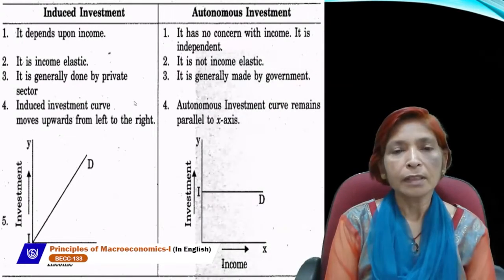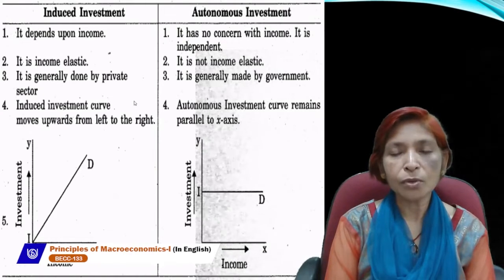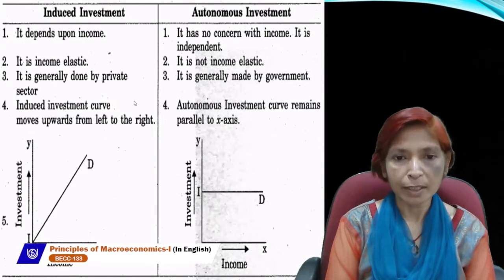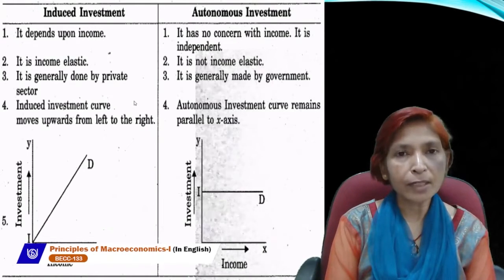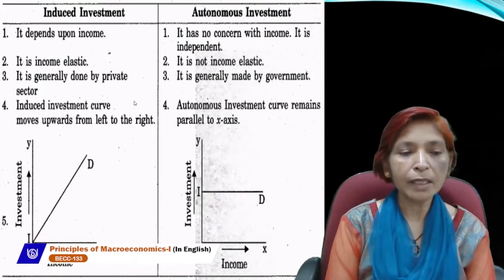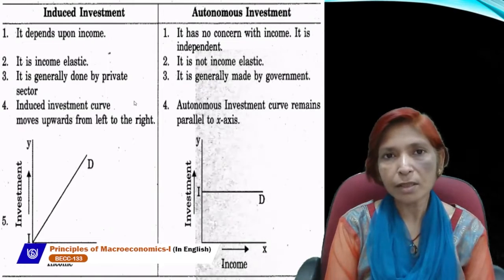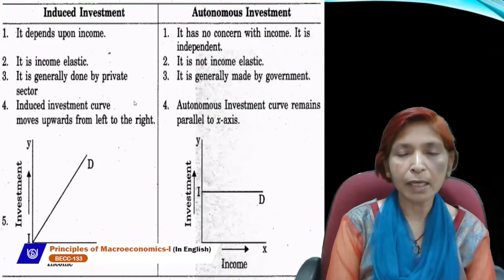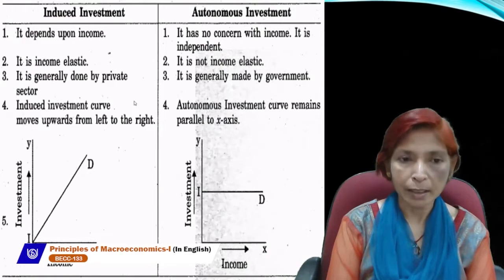And if investment is made by government, whose main aim is social welfare, that is called autonomous investment. The induced investment curve is upward sloping, while the autonomous investment curve is a horizontal line parallel to the x-axis because it is income inelastic.